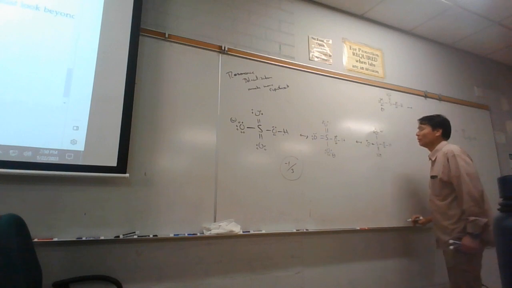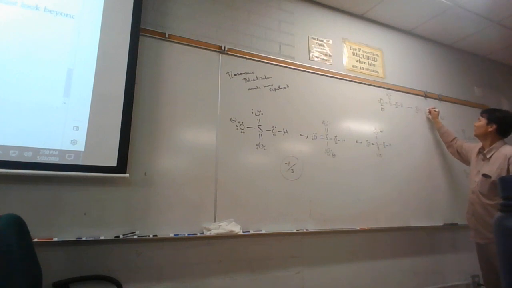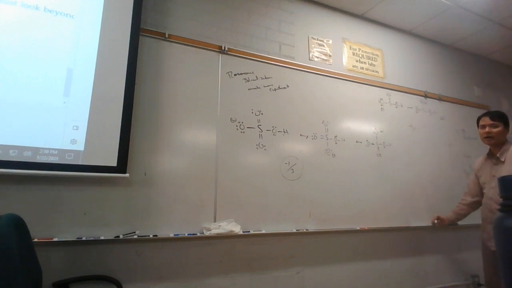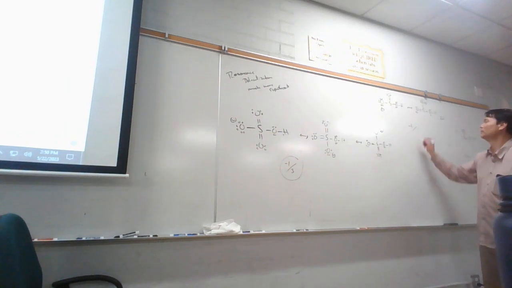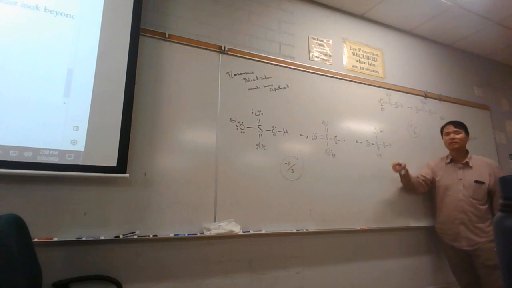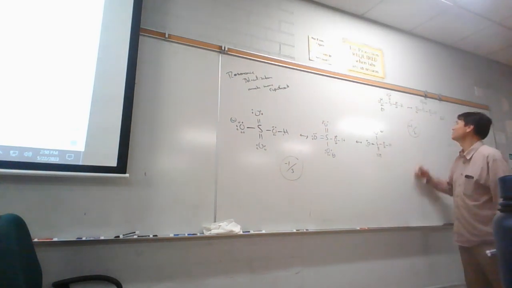How many resonance forms can I draw for this? 2. So -1 charge distributed over how many atoms? 2. Gives us -1/2. Which one's more basic? -1/2 or -1/3? -1/2. So this is the stronger base.